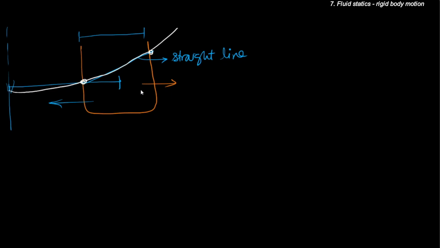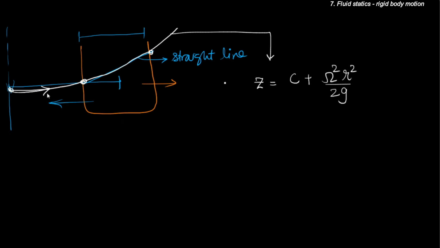And because it is going to be a paraboloid, the equation of this free surface, as we have already found out just before this section, is going to be c plus omega square r square upon 2g, where r is measured from the axis of rotation and this is z.